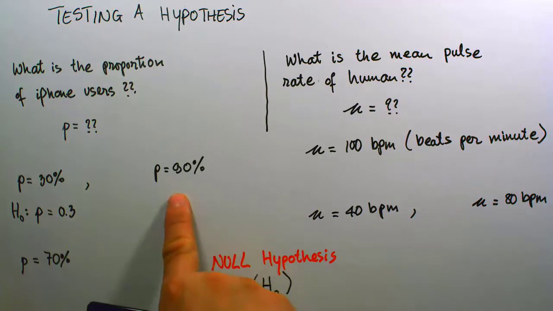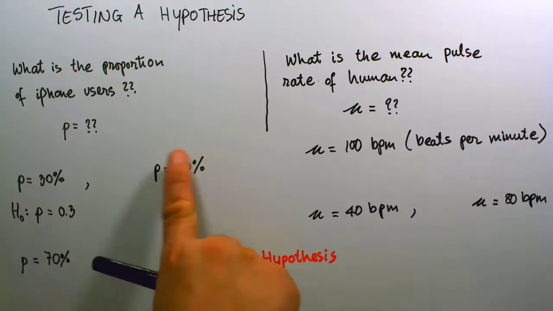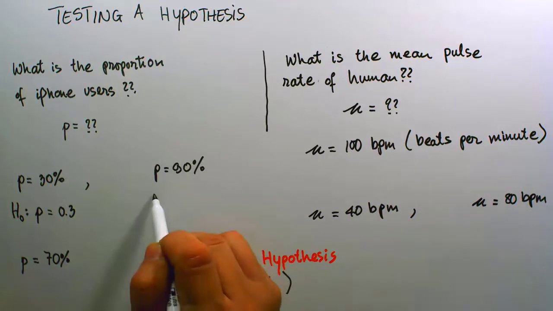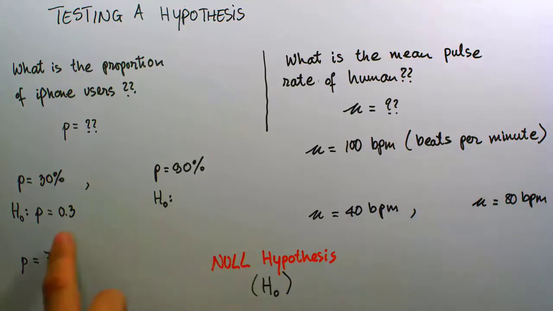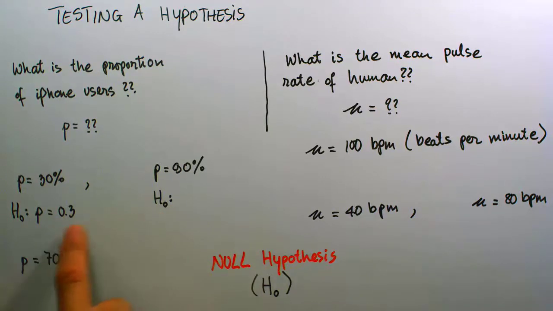Or with this statement right here, p equals 90%, where the person initially said 90% of the world was an iPhone user, then we have another null hypothesis. Now these are nothing related. One person makes this claim, another person makes that claim. So these are all different null hypotheses.